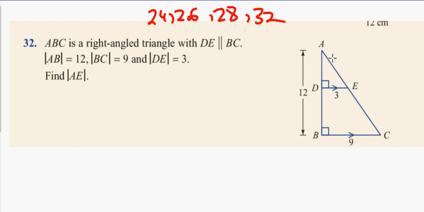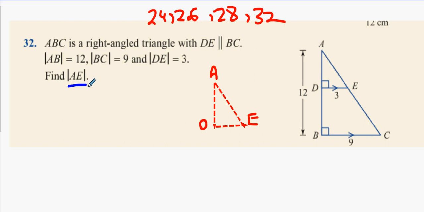Would everybody agree that the small triangle ADE is 1/3 the size of ABC? Yeah, I divide by 3. They're similar triangles, aren't they? Do I have to prove they're similar triangles? No, it's just asking you to find AE. It's not asking you to prove that AE equals something.